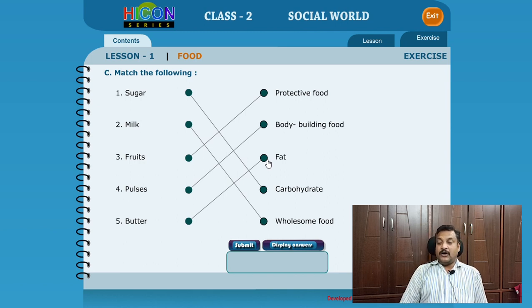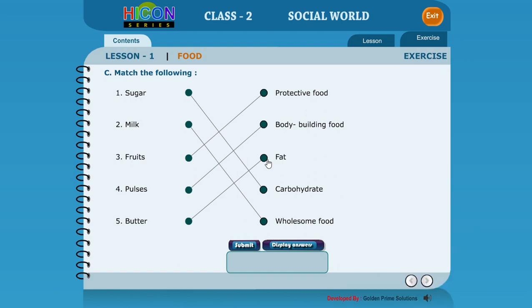Milk is a wholesome food because it has all the major nutrient contents required for our body. Fruits are protective food because they are sources for a good amount of vitamins and minerals. Pulses are bodybuilding food because they have rich protein content, and butter includes fat.